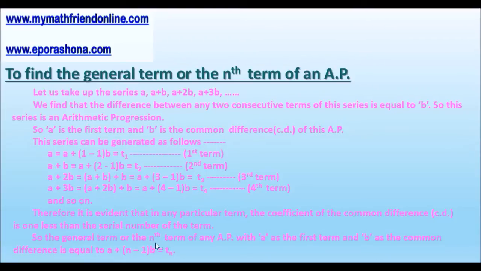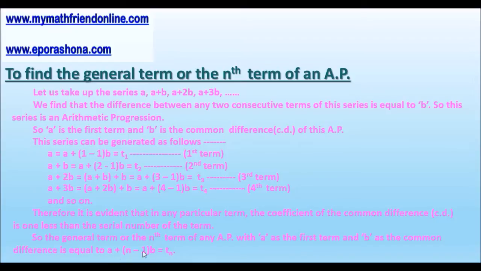So the general term, or the nth term, of any AP with a as the first term and b as the common difference is equal to a plus n minus 1 into b, n minus 1 whole multiplied by b. This is equal to Tn. T stands for the word term, and the subscript n stands for the serial number of the term. Since it is the nth term, we have this n over here. n is a variable, it can have any value.